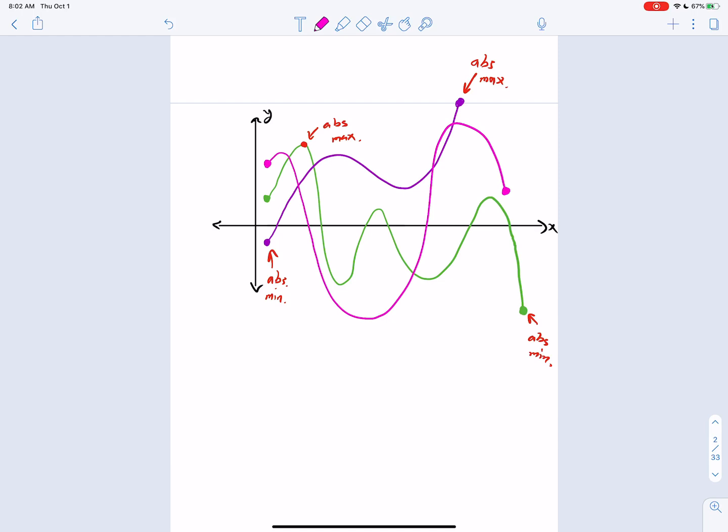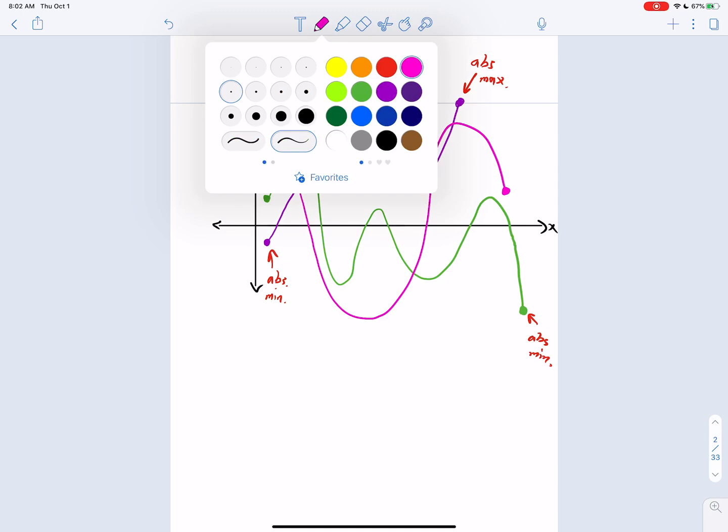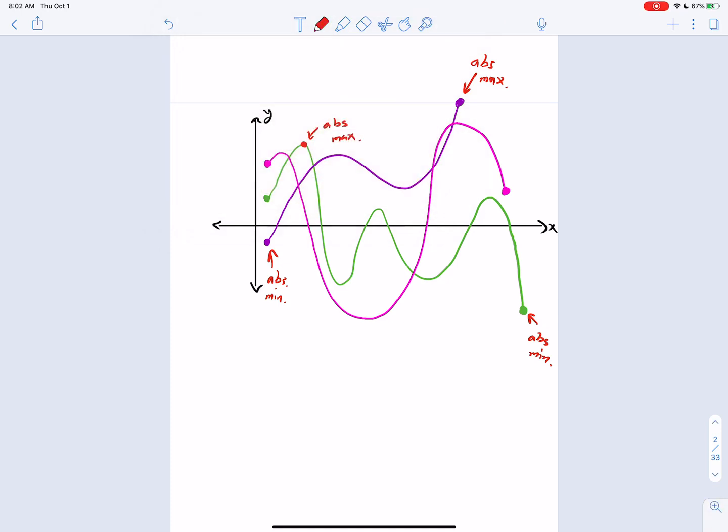Go ahead and do that. Press play when you're ready. Okay, the absolute lowest point happens to be right down here. Absolute highest point happens to be right up here. Or the absolute max, I should say. Okay, so where am I trying to get at, right?